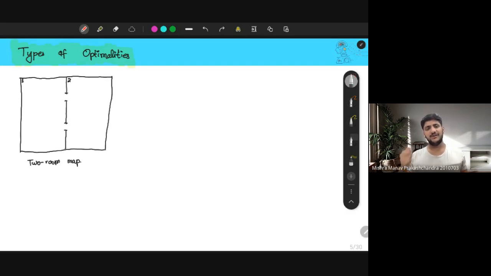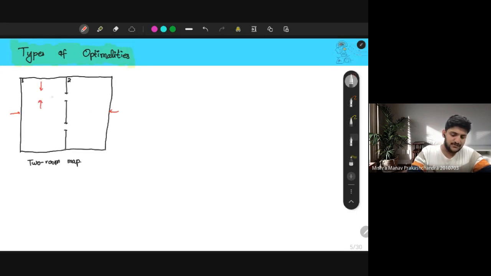So how would the policy look? If I want to exit room one into room two in this case, my policy would look like this. I'll draw an imaginary line over here. On top of that, I always move up.